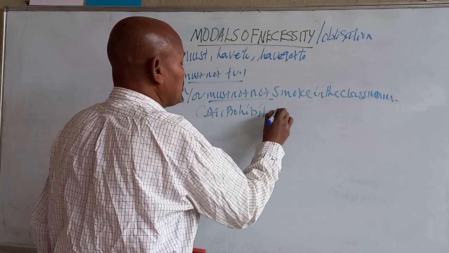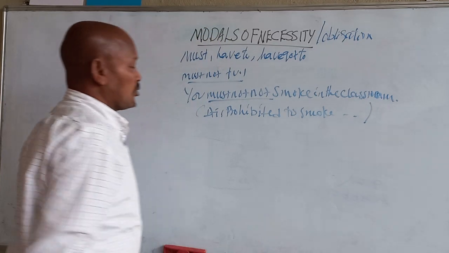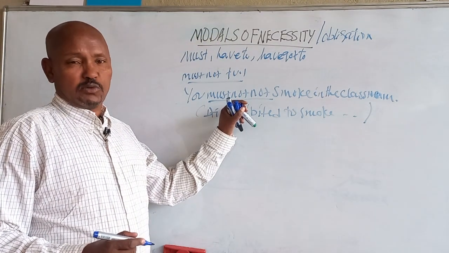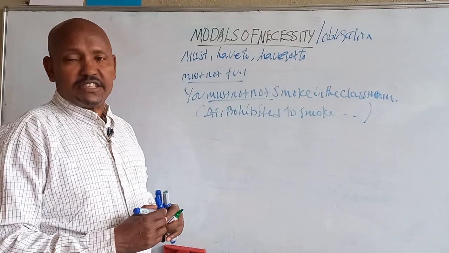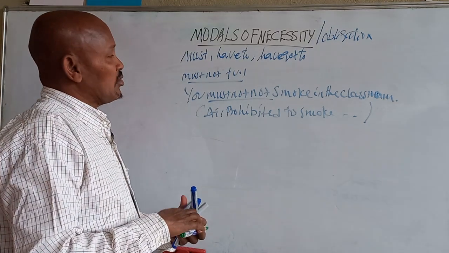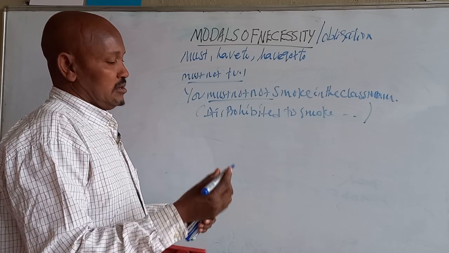It is prohibited to smoke in the classroom, something which is not allowed to do. So it is mustn't or must not smoke cigarettes in the classroom. This is prohibition.